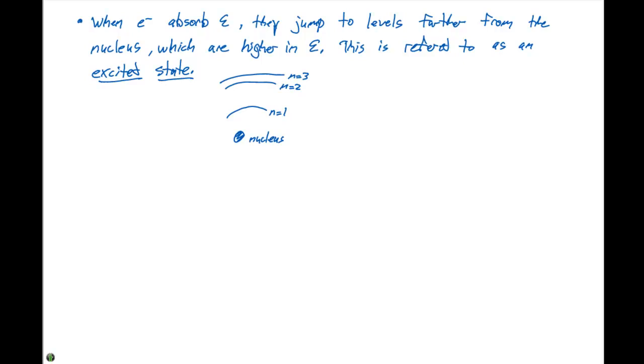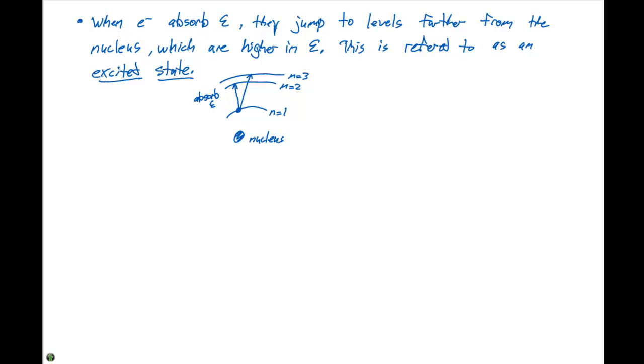So if an electron starts in the n equals 1 level and gets excited up to either the n equals 2 or the n equals 3, it's going to absorb energy. So it's going to take energy to go from the ground state to one of these excited states. So typically when this happens, we are going to absorb a photon.